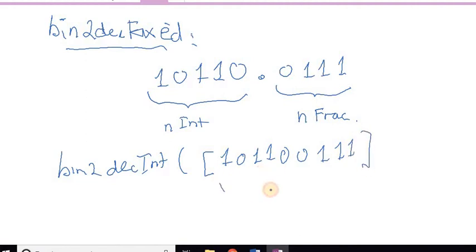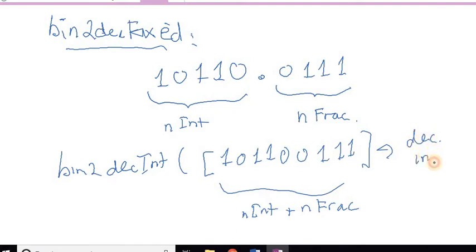Okay, and the number of bits here is nint plus nfrac, because I'm putting all the bits together. Okay, now when I convert this, this is going to convert to a decimal integer. Right, but I don't want an integer, I want a fixed point number.